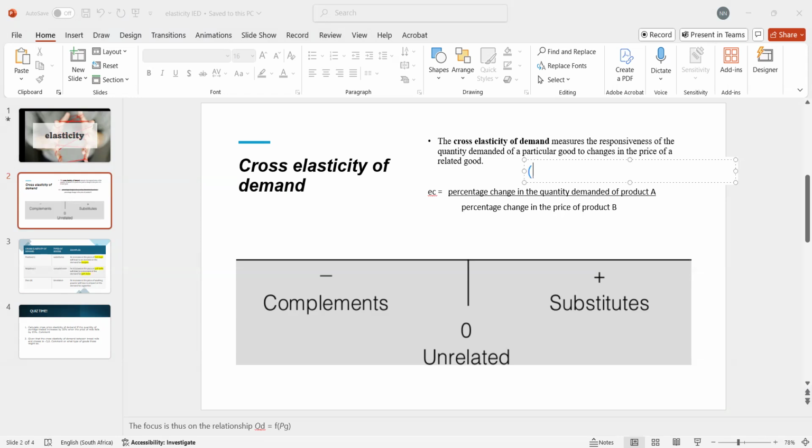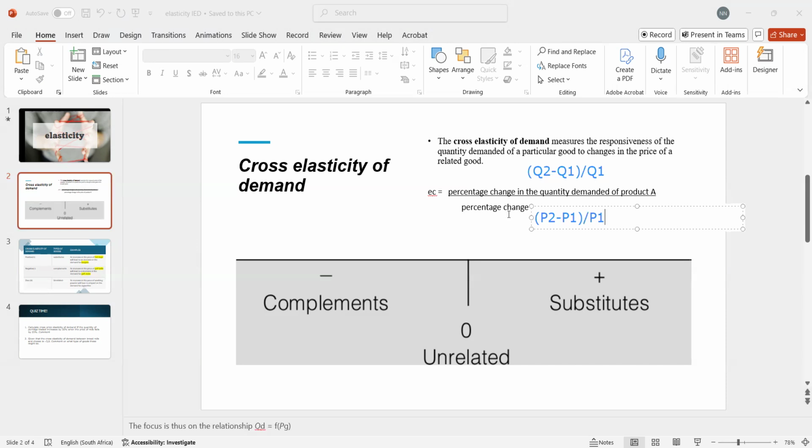So the percentage change in the quantity demanded, you say Q2 minus Q1 divided by Q1. The percentage change for price is P2 minus P1 divided by P1.